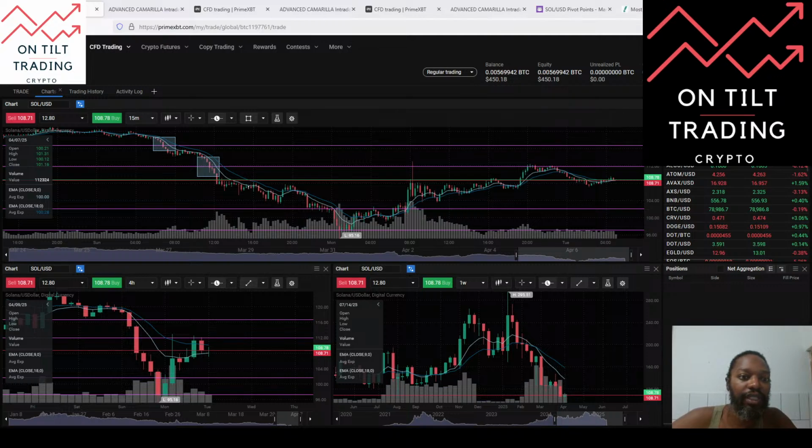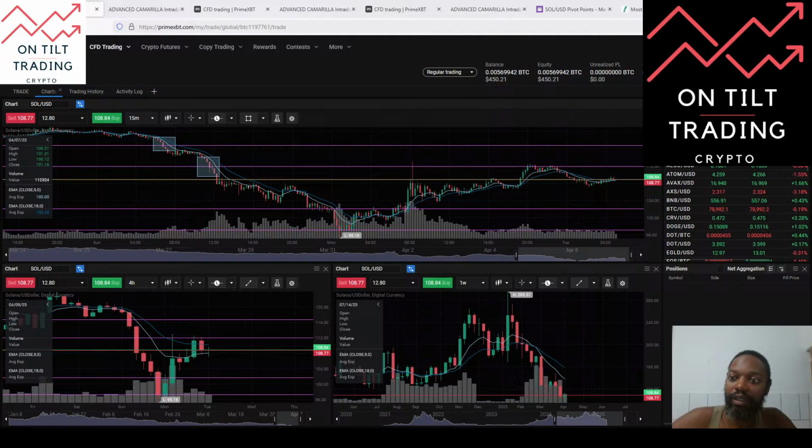So my trade idea for Solana is to anticipate some further protraction up into this fair value area here, just up into this general area.